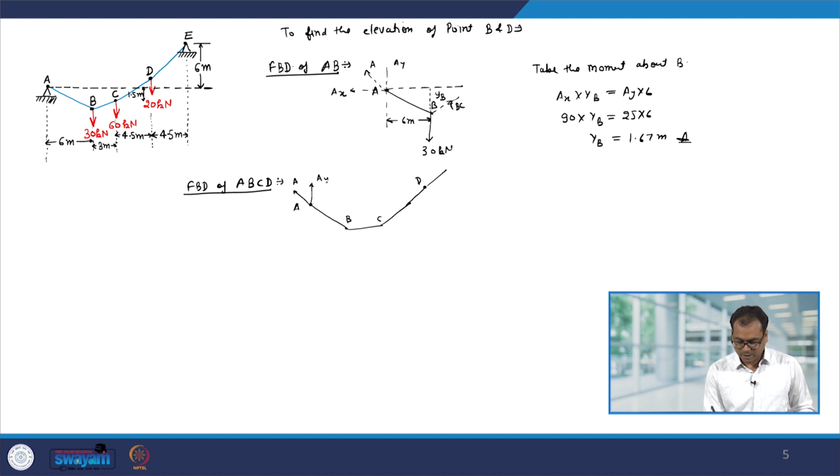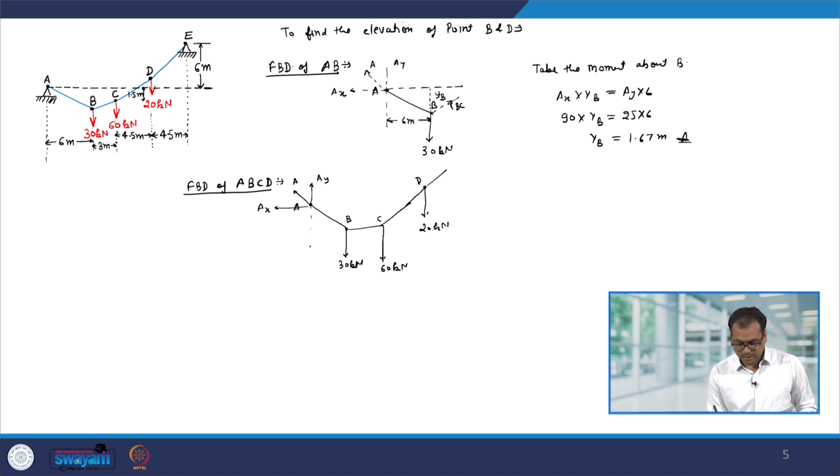So, this will be AY, this is AX, and at point B I have 30 kilonewton external load. At point C you have 60 kilonewton external load, and at point D you have external load of 20 kilonewton.